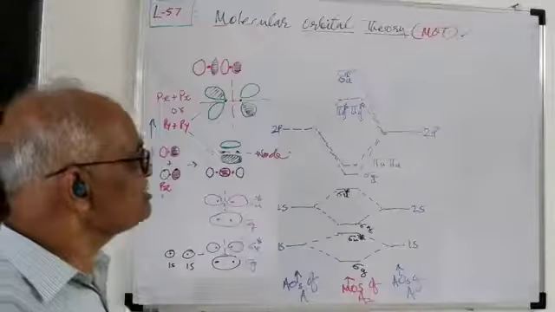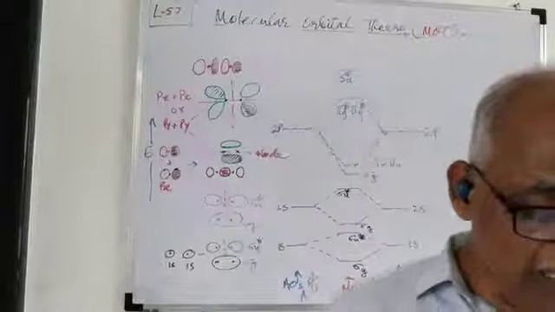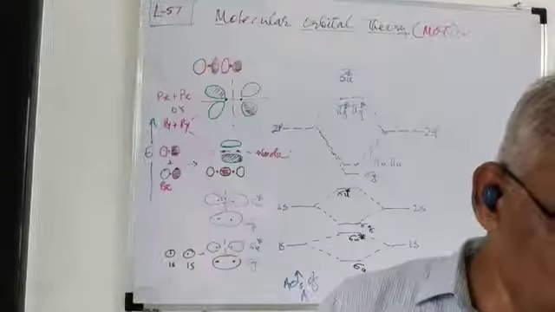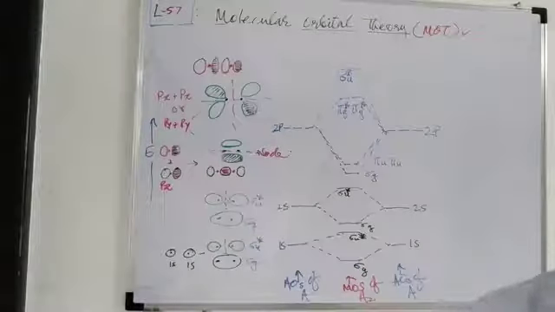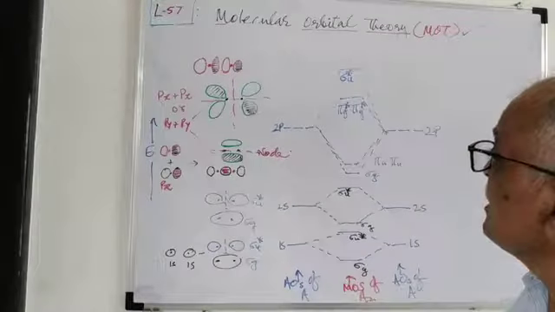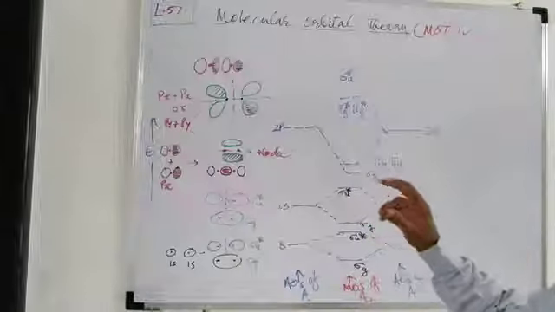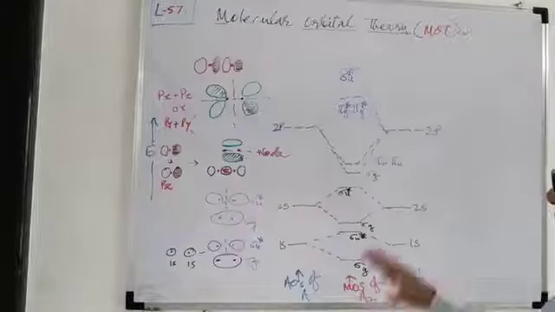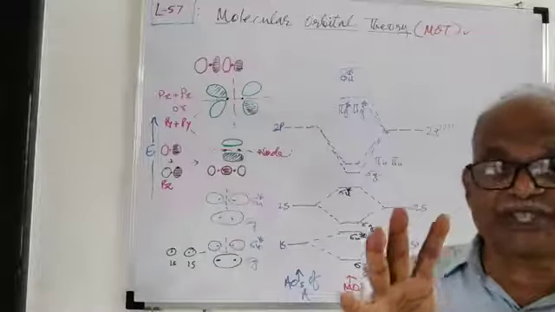So this is about the various atomic orbitals and molecular orbitals involved in the formation of the molecular orbitals which are required for representation of the homonuclear diatomic structures and molecular orbitals for the first 10 elements. We are considering only the energy level diagram for the first 10 elements.